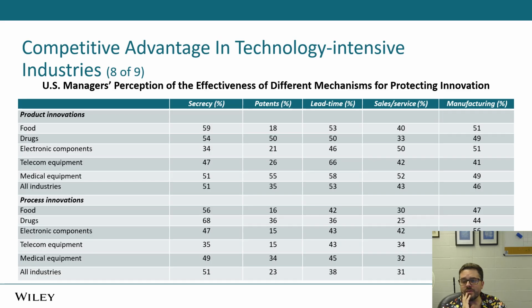And even there, only 50% of them say they're effective. Lead time has a similar effectiveness. Secrecy, about the same, maybe even slightly more so than patents, in fact more so than patents even for drug companies. Manufacturing, so being able to control the quality and having your innovation in manufacturing, is deemed to be fairly effective.